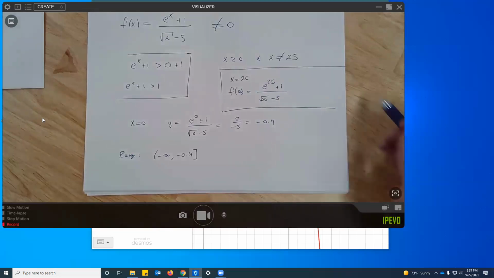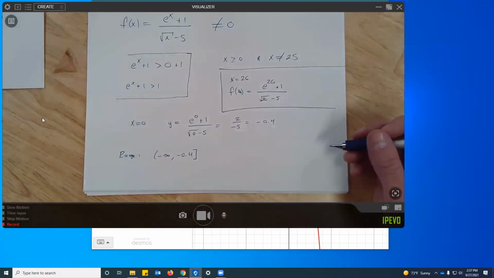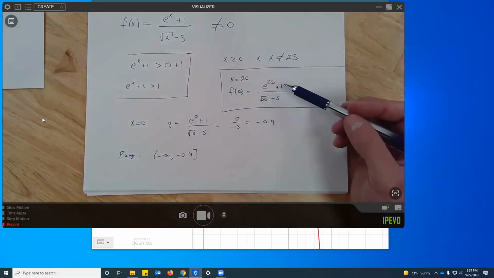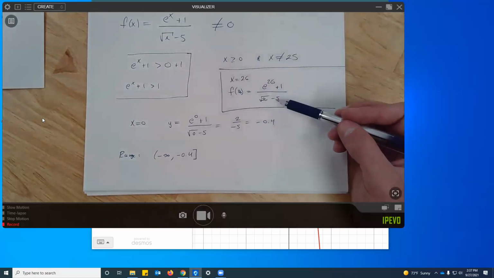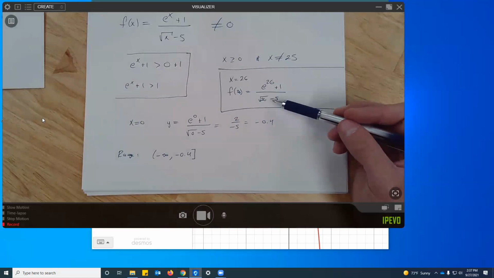Although I have no idea what this number is, I know it is extremely positively large, because the numerator is definitely a big positive number, and the denominator is also positive, since the square root of 26 is a little bit bigger than 5.